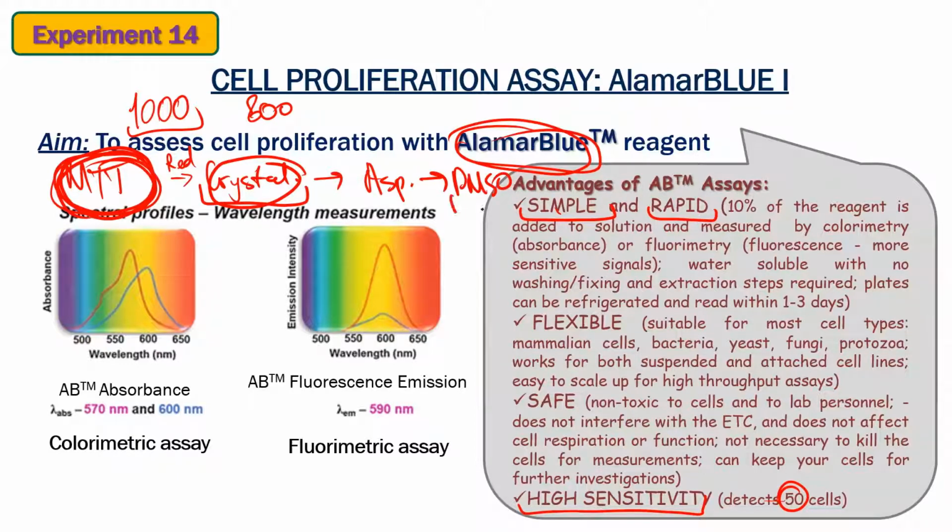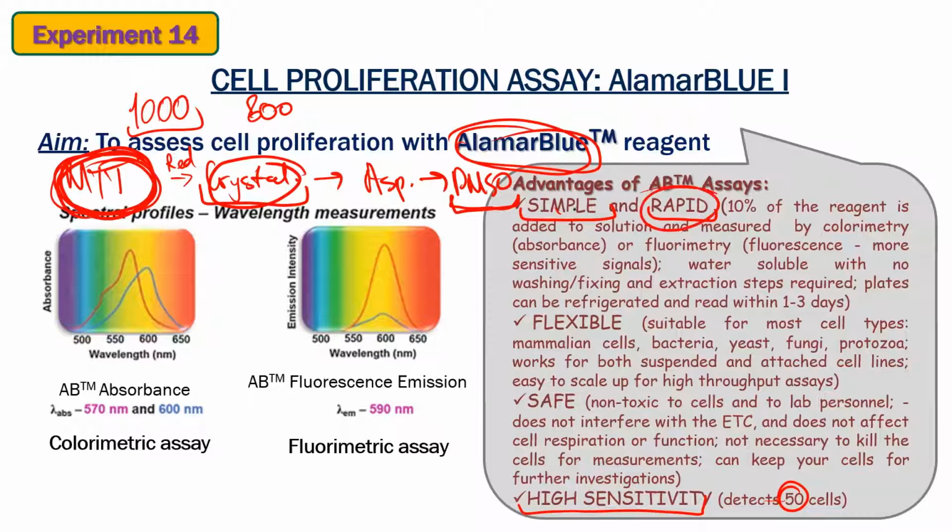Of course, it means that you kill the cells, but you obtain a very good picture of your cell behavior in terms of metabolic activity. With Alamar Blue, you just add the Alamar Blue to the cell medium, and you monitor the changes of color after 1 hour, 2 hours, etc.